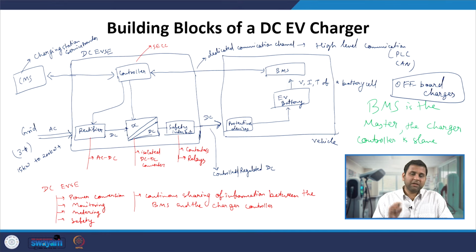Thus the BMS is the master, which will tell the charger what kind of voltage or current to apply at its output.